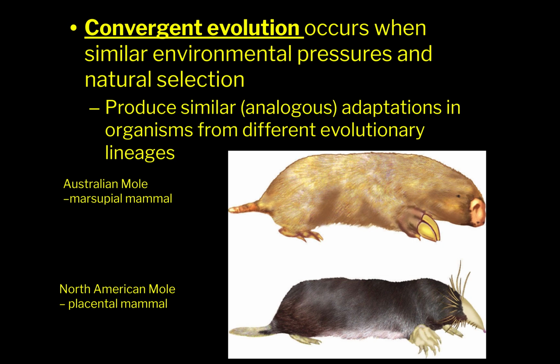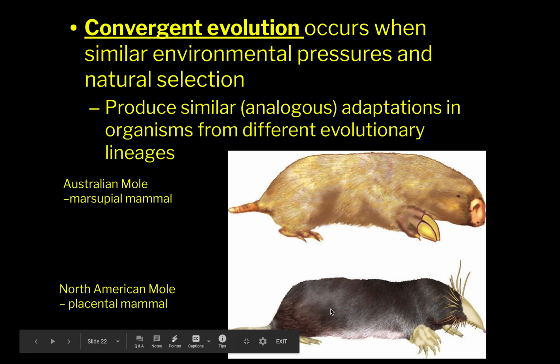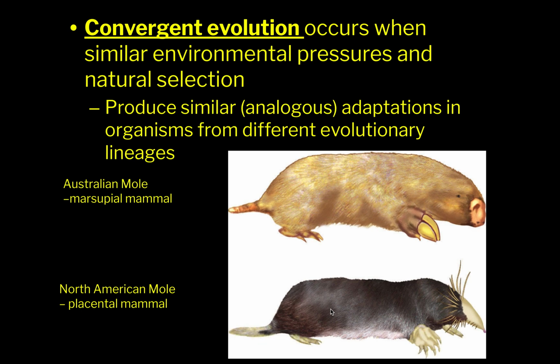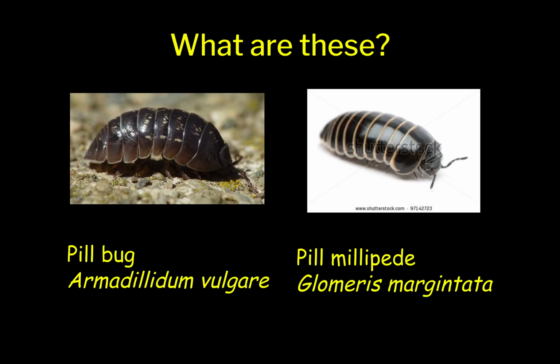I don't know if you guys know anything about moles. These two moles are living in the same environment. They're living underground, and they might look kind of the same, but FYI, the Australian mole is a mammal, a marsupial mammal, which is very different than the North American mole, which is a placental mammal. Those are two very different animals.